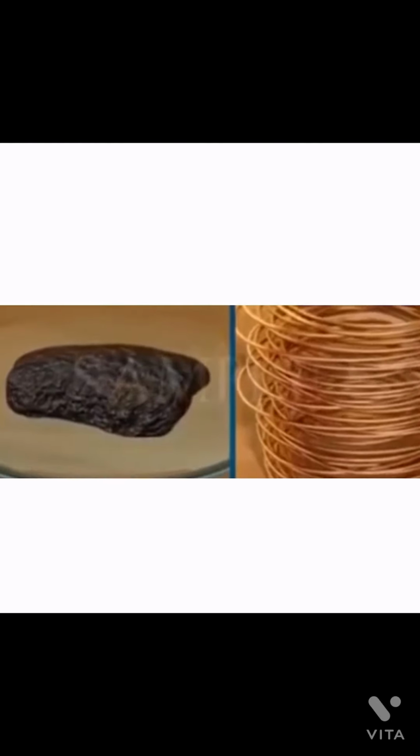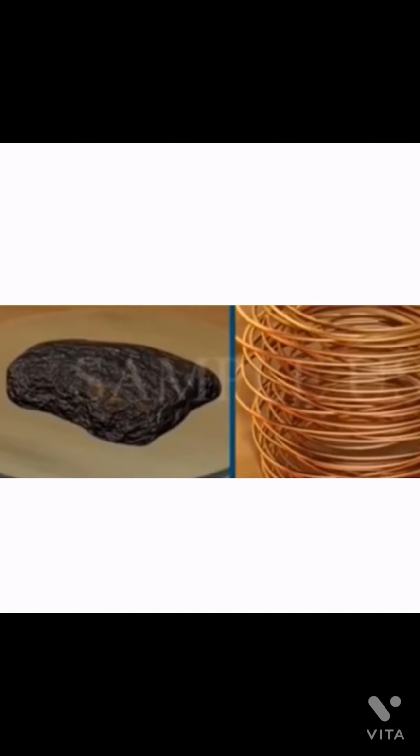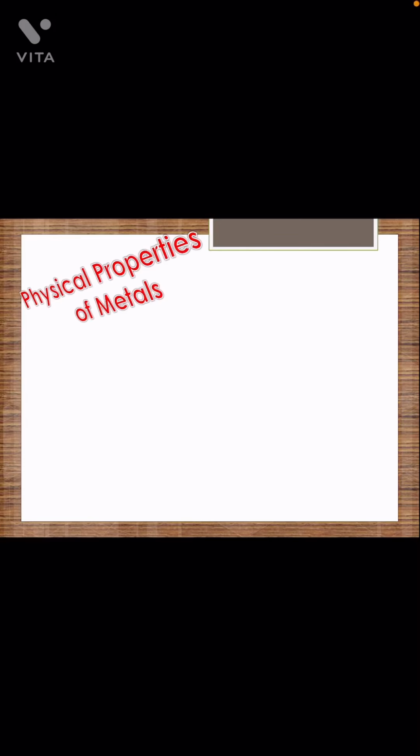You can see that when we strike or beat harder, a piece of iron or aluminium can be drawn into thin wires. The metal copper also can be drawn into thin wires. The property of a metal by which it can be drawn into thin wires is called ductility.